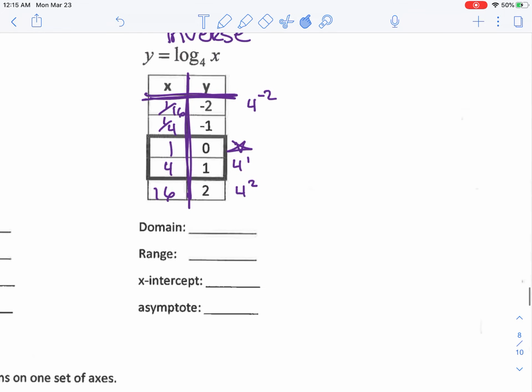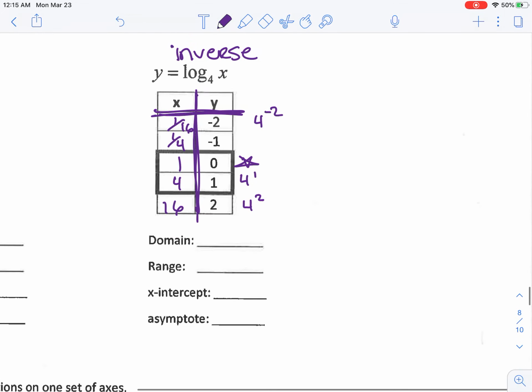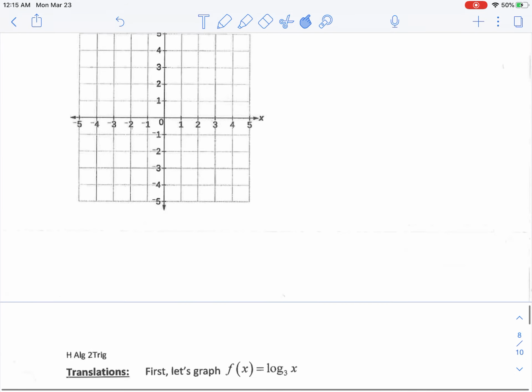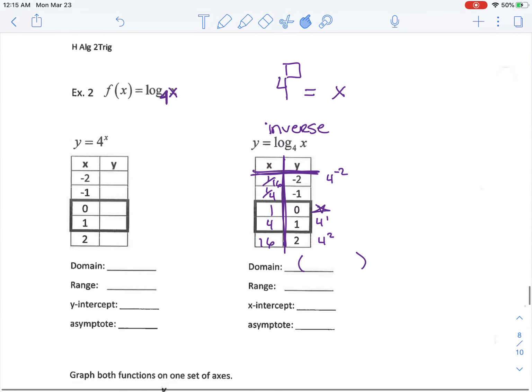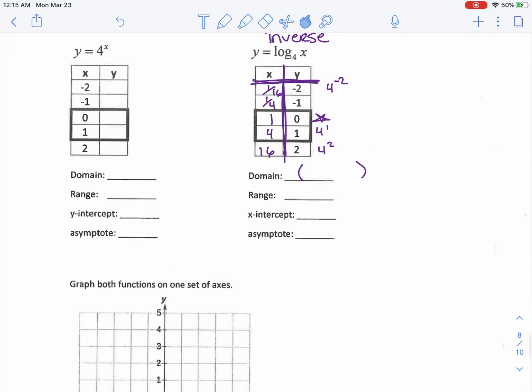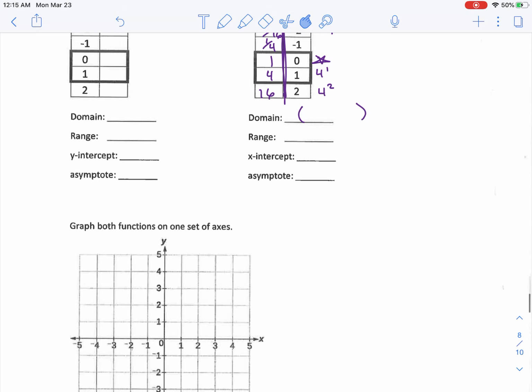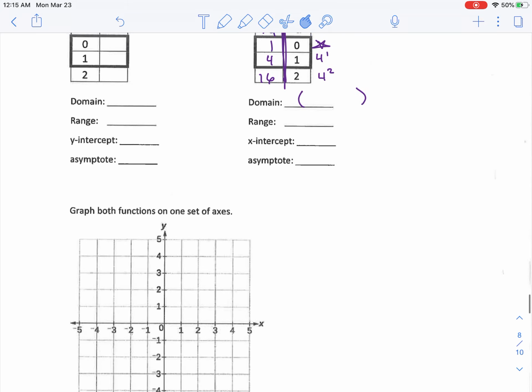So my domain here, we can't do this until we graph it. Okay, so I'm looking at 1/16, hard to graph. 1/4, hard to graph. 1, not hard to graph. So I'm going to go to 1, 0. I'm going to go to 4, 1.